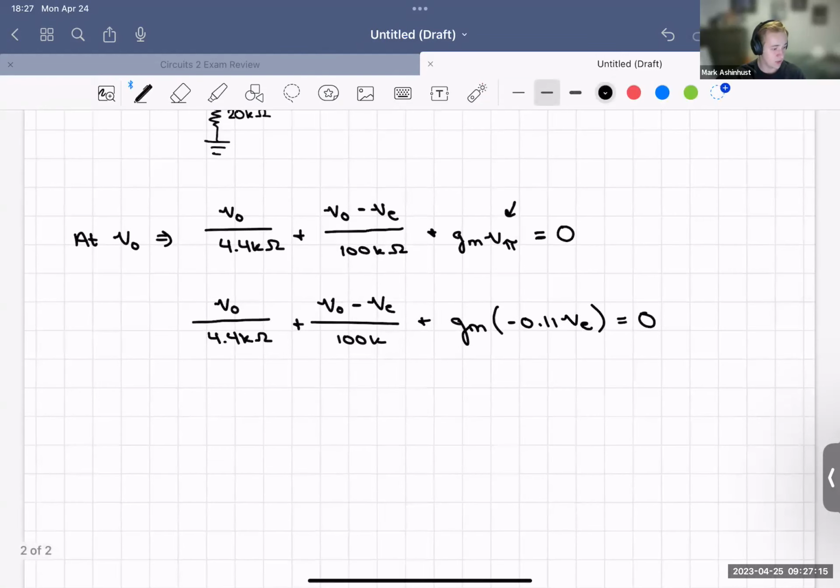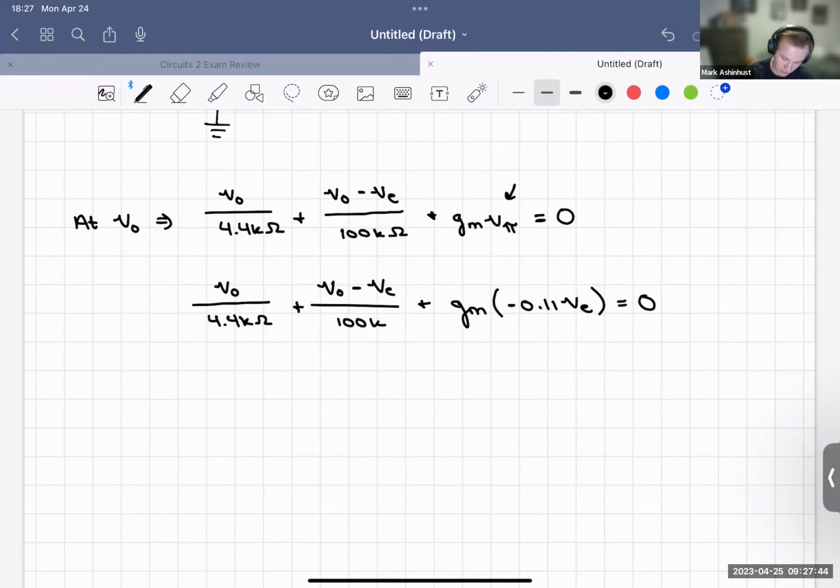So what I would do here is solve for V out. We want to get an equation for V out, something small. In this case, we're not going to be able to solve for just V out as a value because we have two unknown variables. We don't know what V out is. We don't know what V at the emitter is. But we can get V out equals blank times VE, which is solving it down.